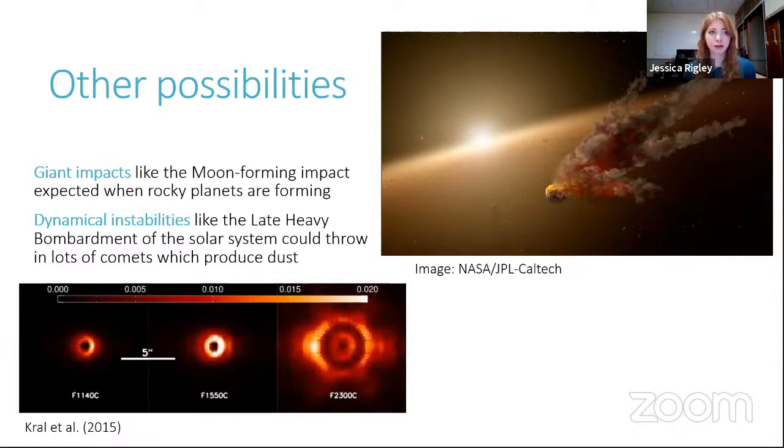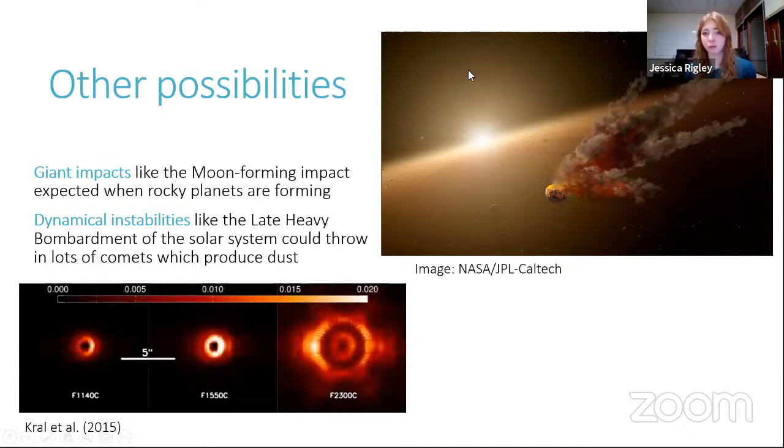So we think that when the solar system was much younger, a giant protoplanet, so basically a giant body that was going to become a planet about the size of Mars, just smashed into Earth. And we had this giant collision. And part of that is that the moon broke off. So the moon was a fragment from a giant collision between Earth and some other Mars-sized body. And this is called a giant impact.